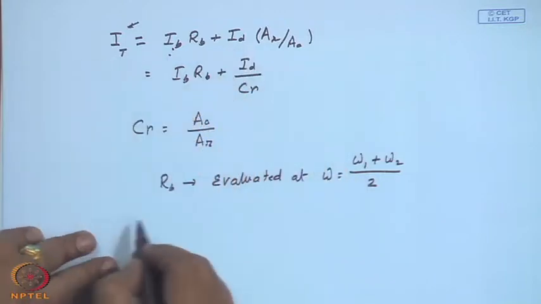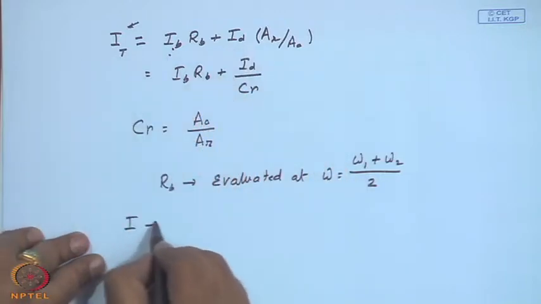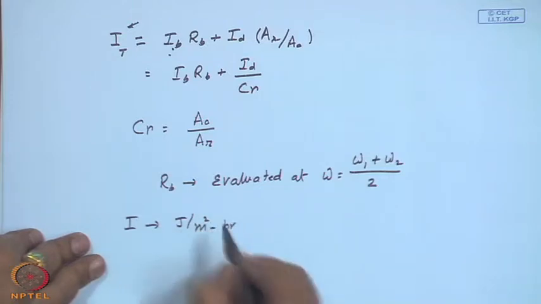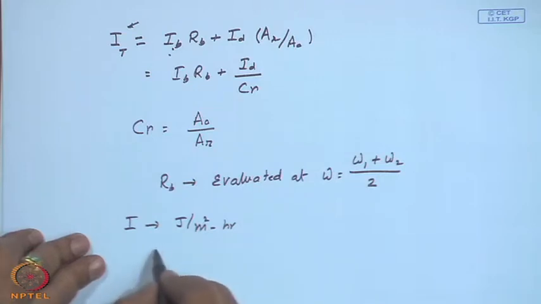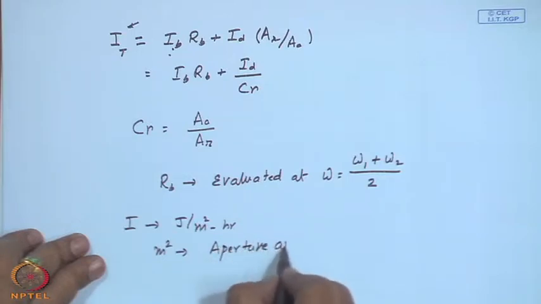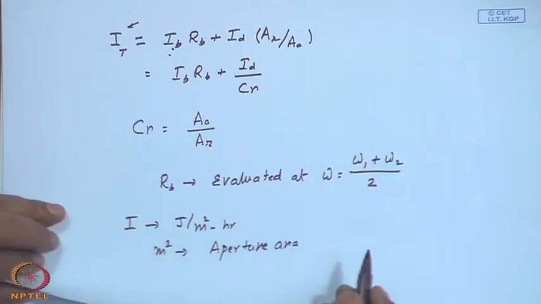So, this IT we should say is so many joules per meter square hour, let us say, and this meter squared pertains to the aperture. In other words, this is the radiation received per unit area of the aperture.